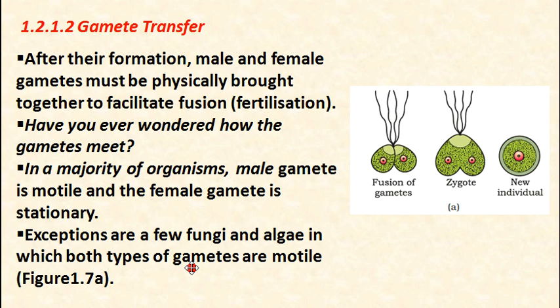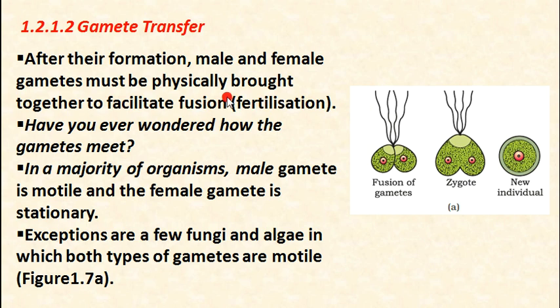After their formation, male and female gametes must be physically brought together to facilitate fusion. Fertilization is our ultimate goal, but before fertilization, the male and female gametes must be physically brought together.